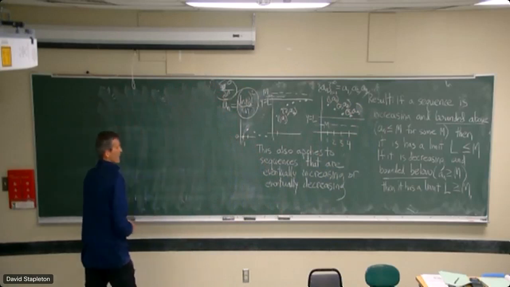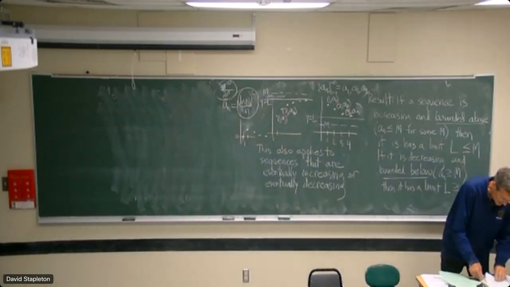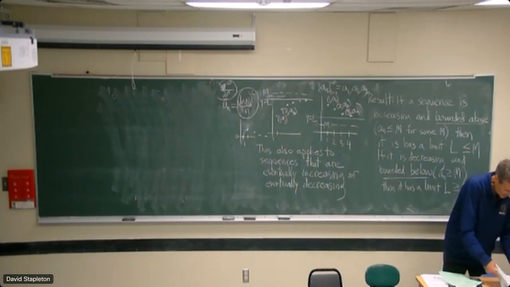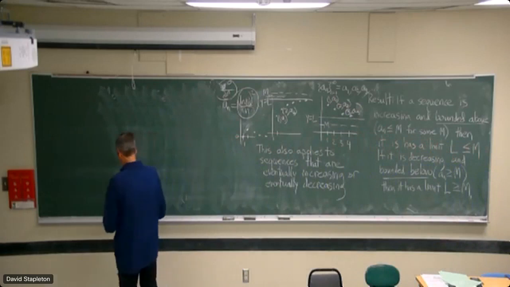So we want to find out how we can prove these things are increasing or decreasing, so that we know that they have a limit. This is for the mathematicians here; the engineers all want to know what the limit is.